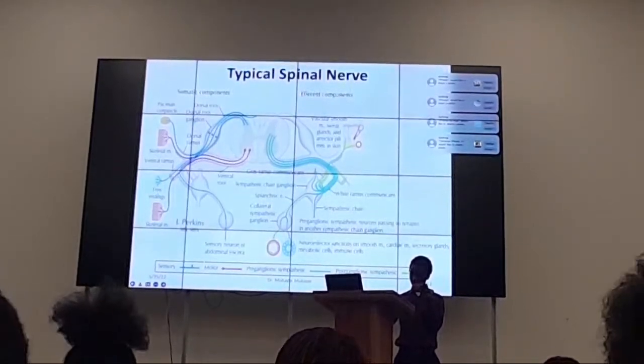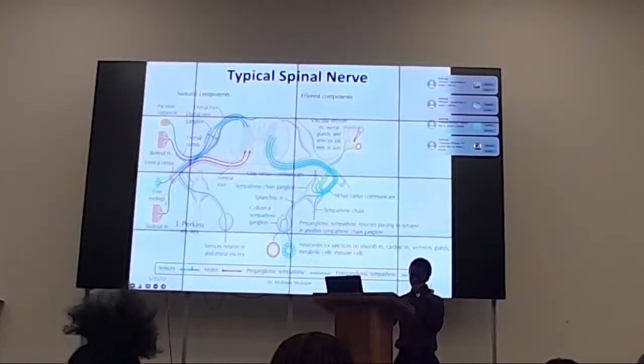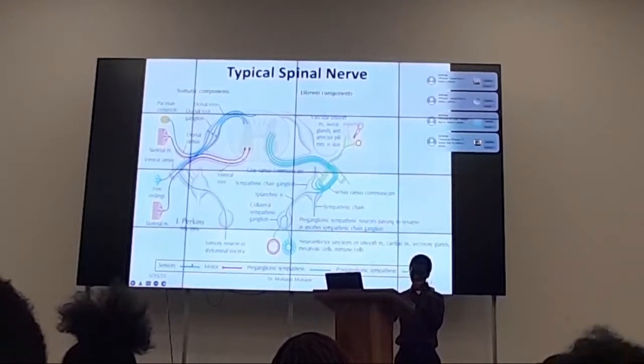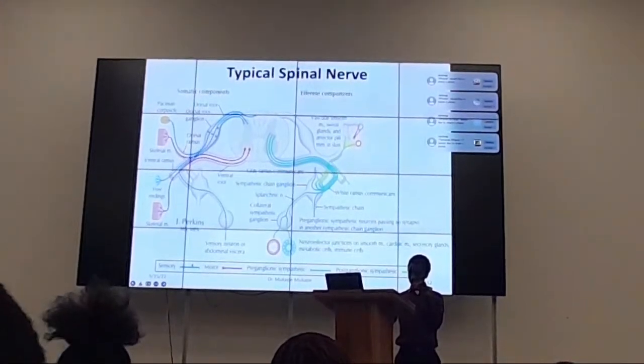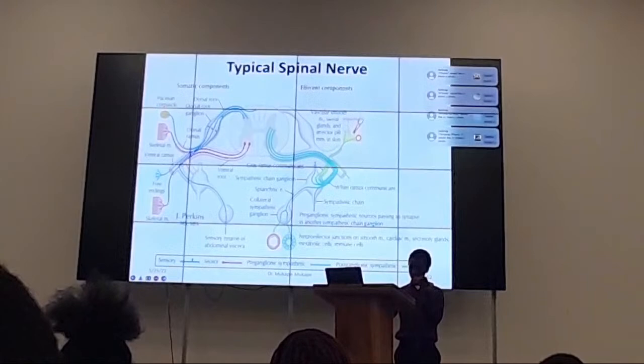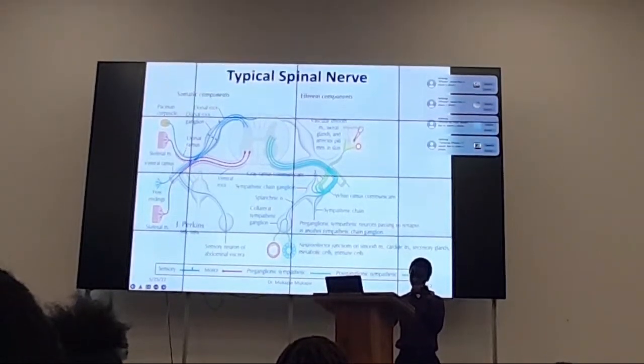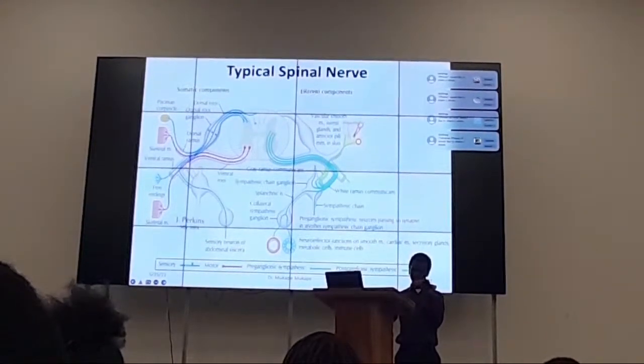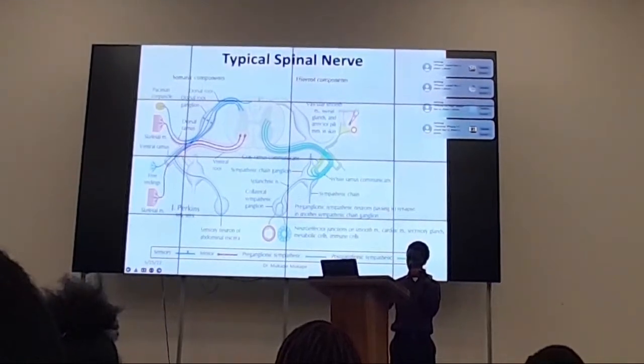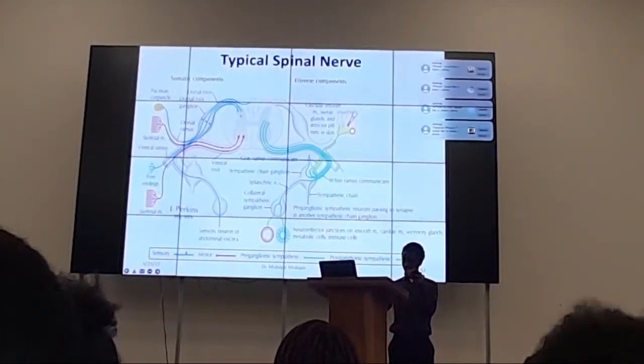Then we have the sensory ones, which pick information, and sensory impulses pass through like that to go to the posterior root, to go to the CNS, dorsal horn of the spinal cord.